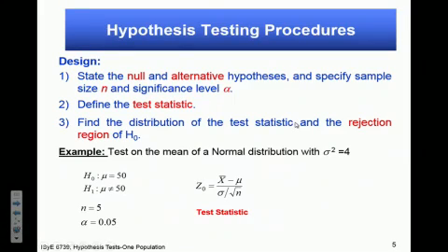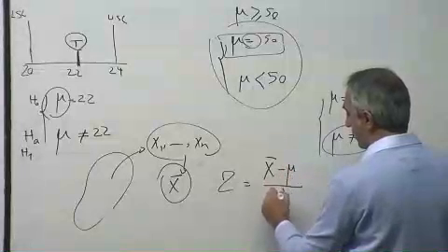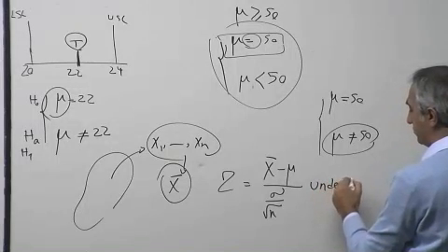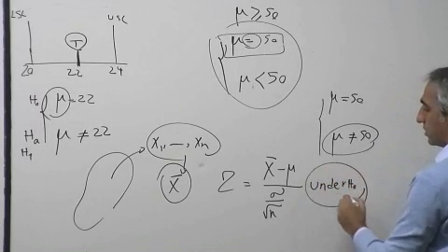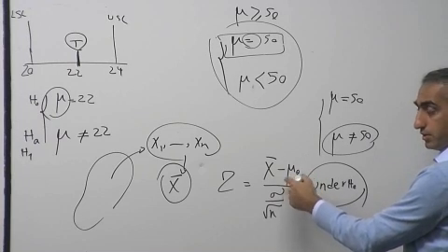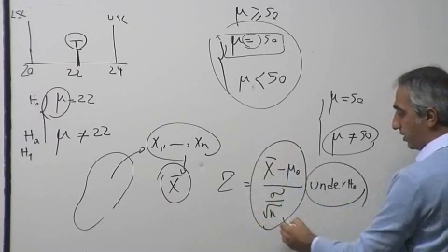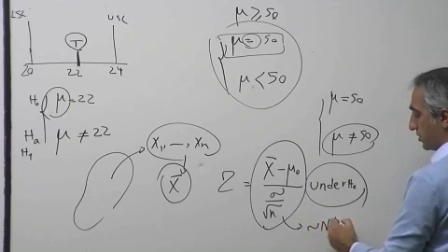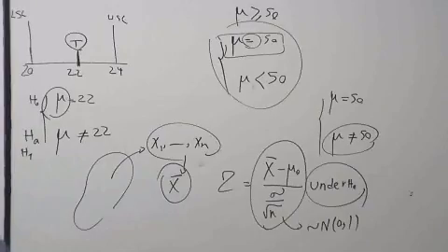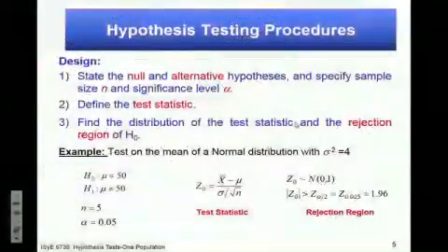Your Z is X bar minus mu divided by this guy. Under H null, I can replace this mu with mu naught. Then I know that this follows a normal distribution with mean 0 and standard deviation 1, and based on that, I can define my rejection region.